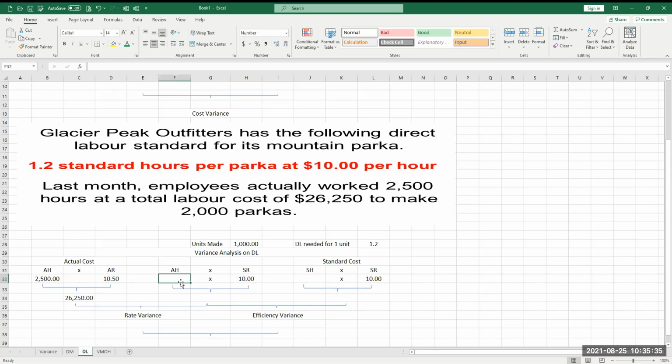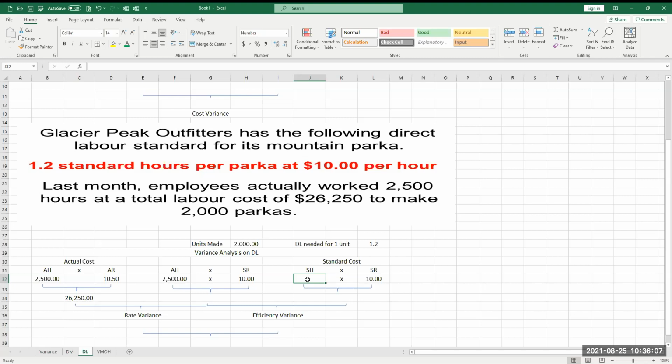So here I have this number, actual hours, 2,500. What's the number that's left for me? The standard hours. Do I know how many units I produced? 2,000 units. Since I know how many units I produced in reality, based on my standards, do I know how many hours I'm supposed to spend to produce those 2,000 units?